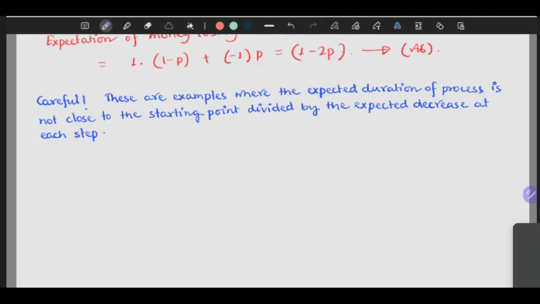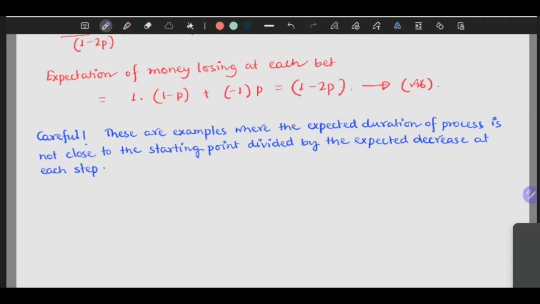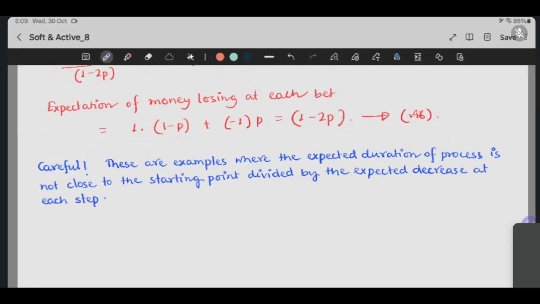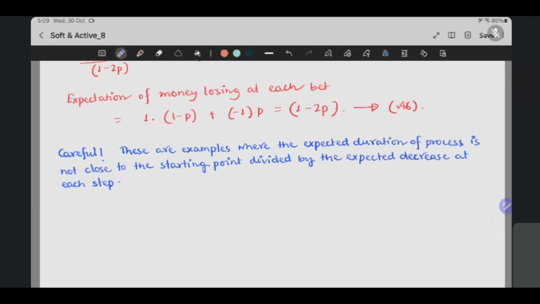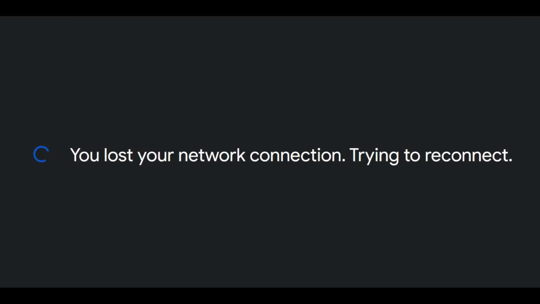So here, whatever calculations we have done, we assume that the duration of the process is not very close to the starting point divided by the expected decrease, because you can understand here we take m to be very large.